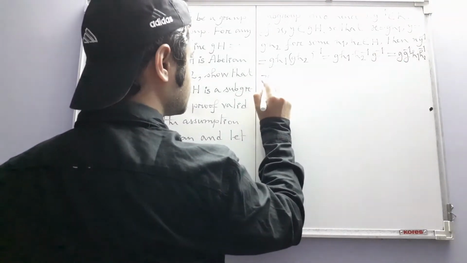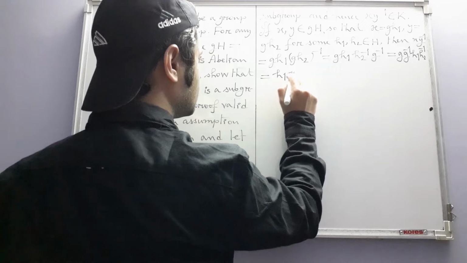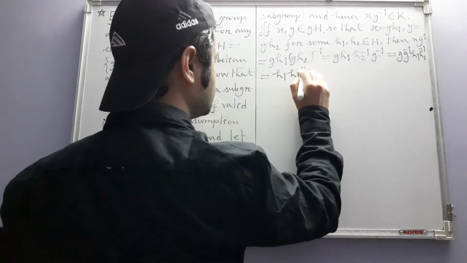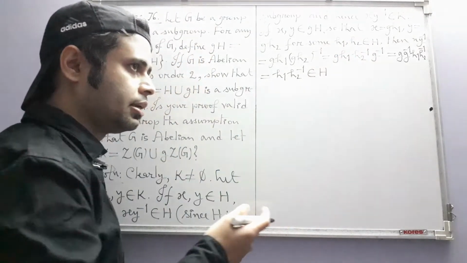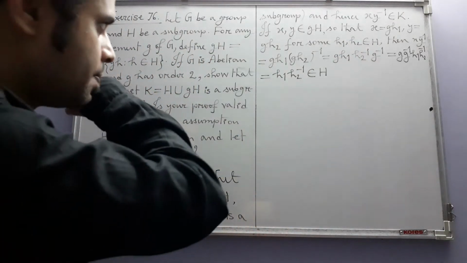So this gives us h1 h2 inverse, which is again in H, because h1 and h2 are in H and capital H is a subgroup.